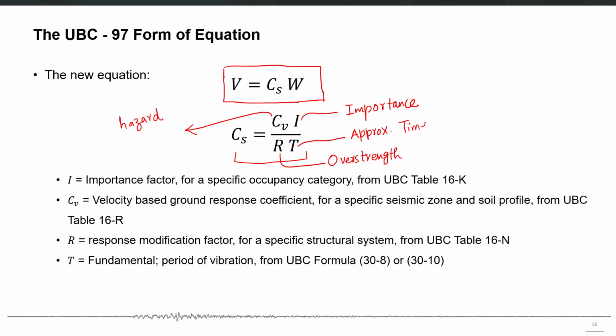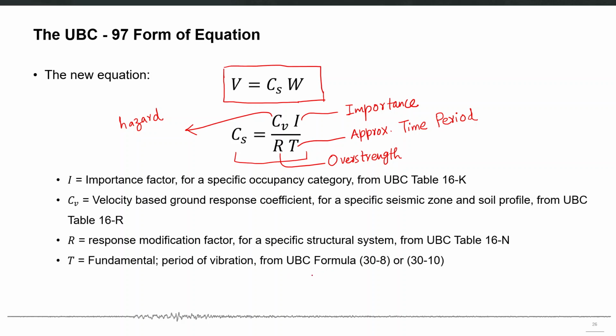And as in the previous codes, UBC 97 also provides us the empirical expression for calculating this time period. So this time period will not be coming from the classical modal analysis, it will just be coming from an approximate formula.